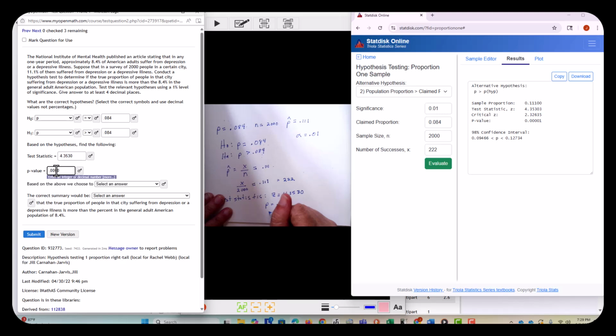Obviously, and I'll come up here and write it: at alpha equal to 0.01, the p-value is less than alpha.